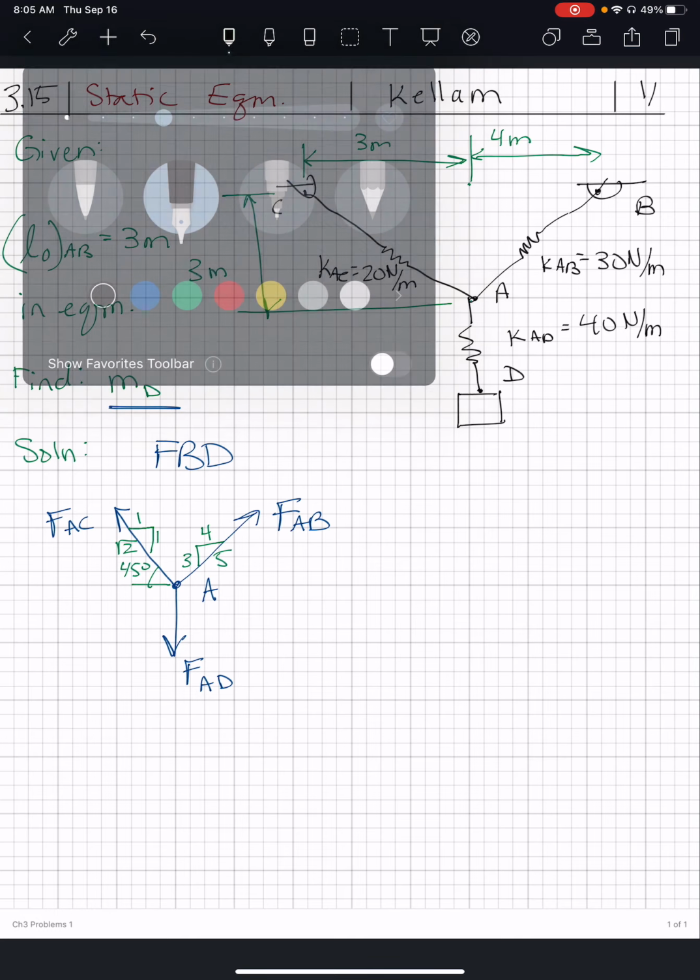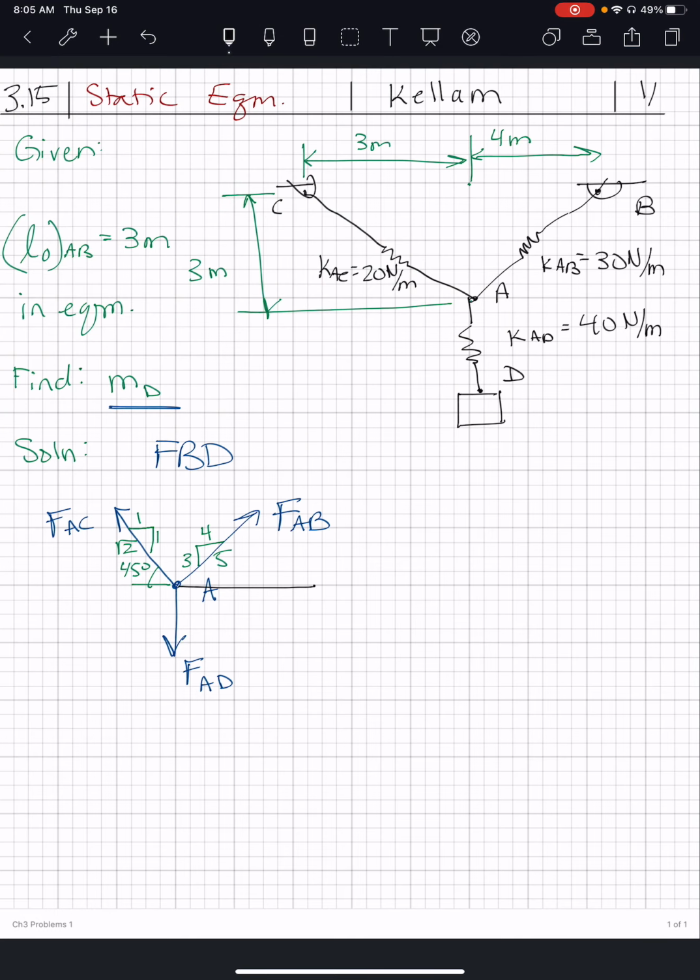Remember, we also have to put the coordinate system. We're going to do positive x to the right, and positive y going up. Now we need sum of the forces equals mass times acceleration. Acceleration is 0 because we're in equilibrium. So sum of the forces in the x direction equals 0.